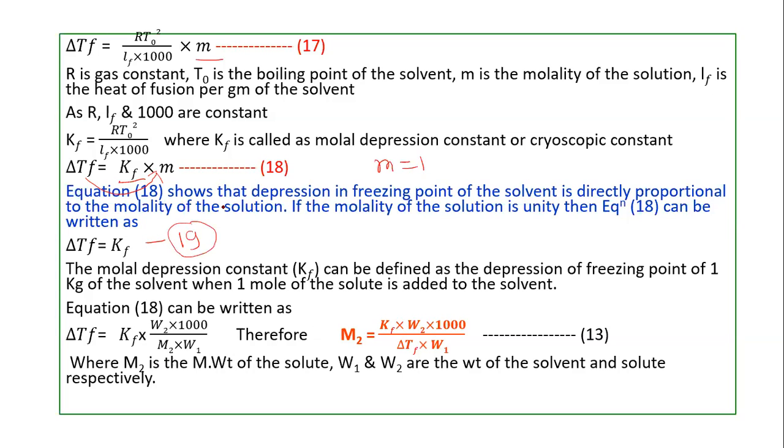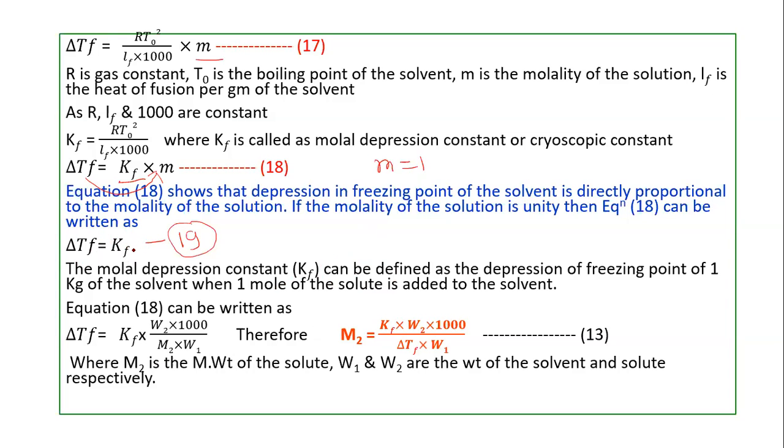It can be defined as the depression of freezing point of 1 kg of the solvent when 1 mole of the solute is added to the solvent, because molality equals 1. So when we add 1 mole of the solute to 1 kg of the solvent, whatever the depression in freezing point of the solvent, it becomes equal to the molar depression constant or cryoscopic constant.